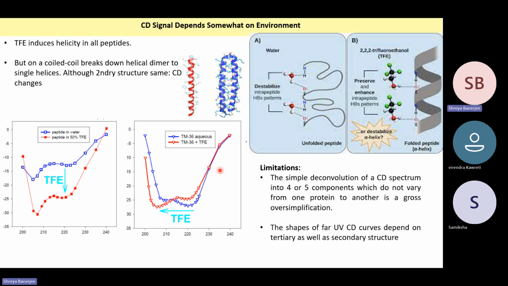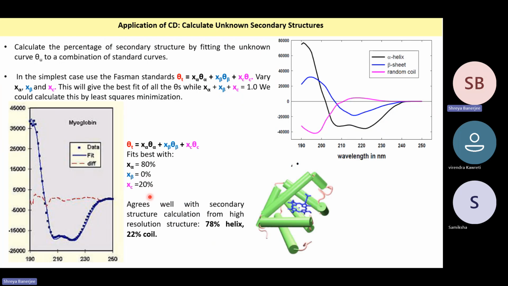But there are certain limitations. We can use CD to predict the secondary structure, but there are certain limitations. One is that from the CD spectra, when the protein is made up of only like 3 to 4 secondary structures, the prediction softwares are very accurate.